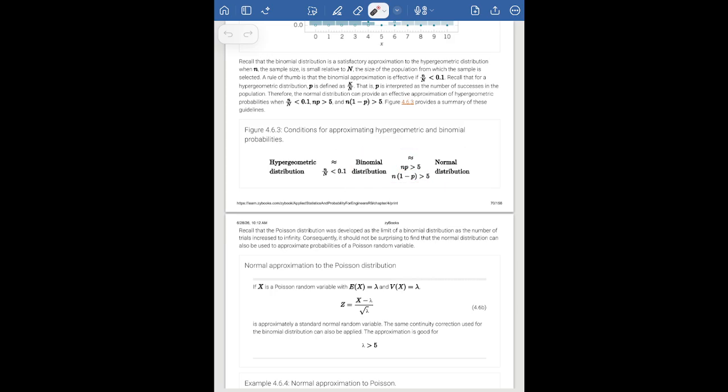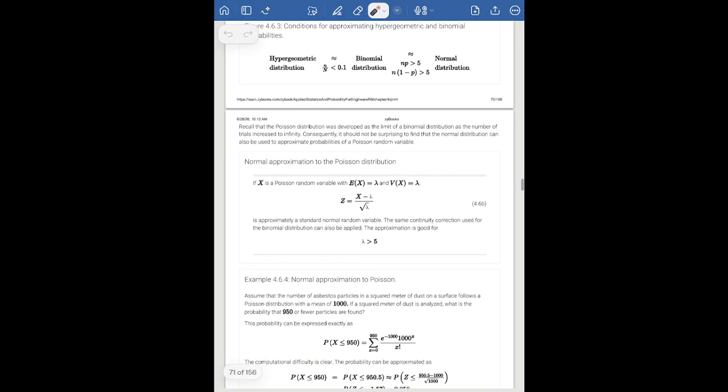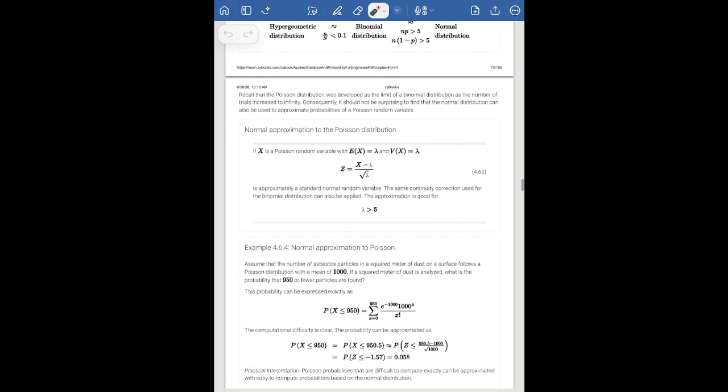And for the hypergeometric and binomial distributions to be good approximations for one another, you need little n over big N to be less than 0.1. So we have these relationships with the hypergeometric, binomial and normal distributions.